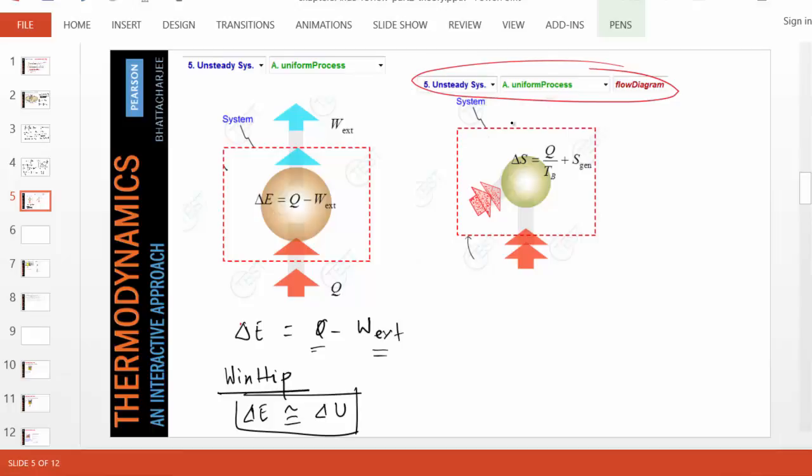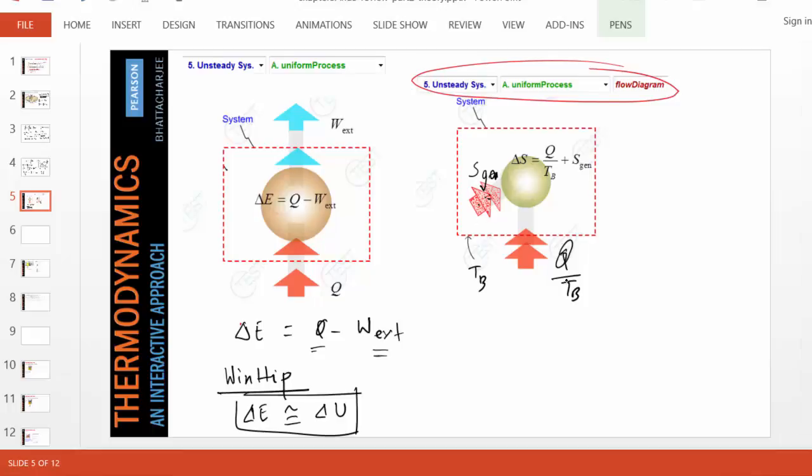The entropy equation likewise shows how the entropy of the system changes. First, entropy can enter because entropy travels with heat. If the boundary temperature is TB, then this is the entropy that is going into the system with heat. And entropy can be generated. This term shows entropy generation, because of friction.